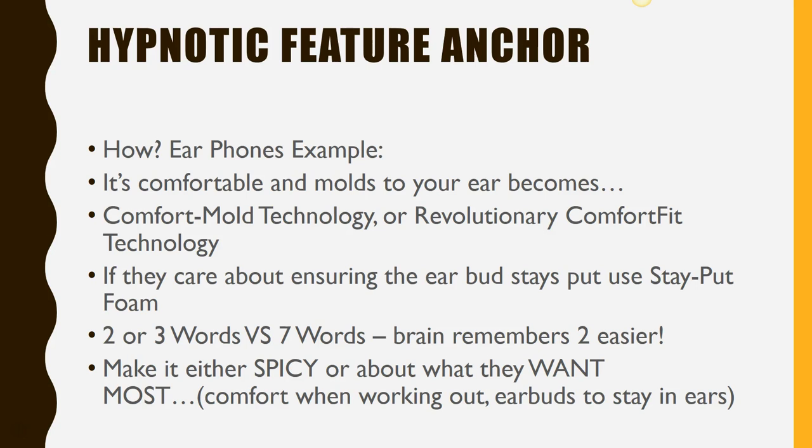Now remember, if for some reason you can't create a hypnotic feature and you can't create a hypnotic process, you really want to go with the 1 in a million company approach, right? And you have to put a story behind it. So for example, you can say, because our kitten died of a rare disease, we decided to start this company, and all of the net proceeds, by the way, that's not your profit.